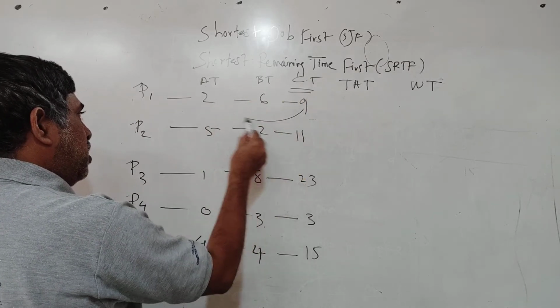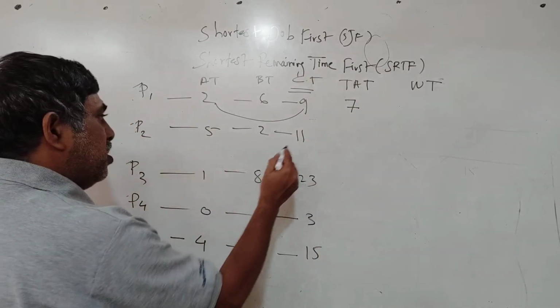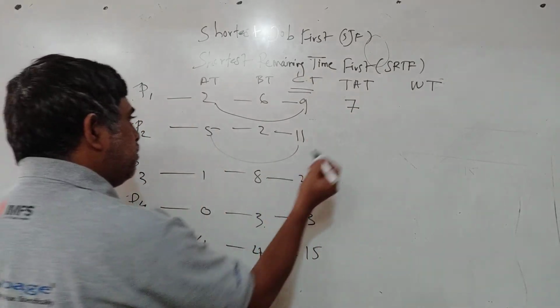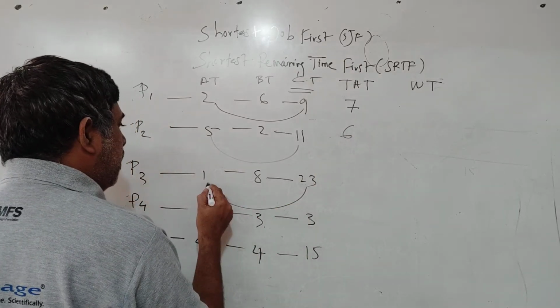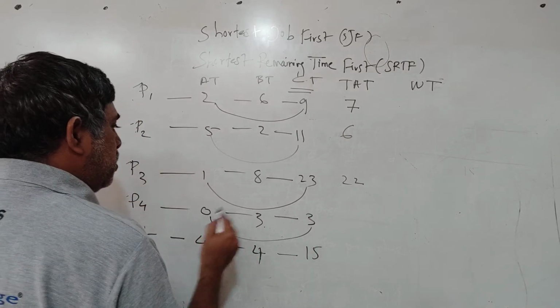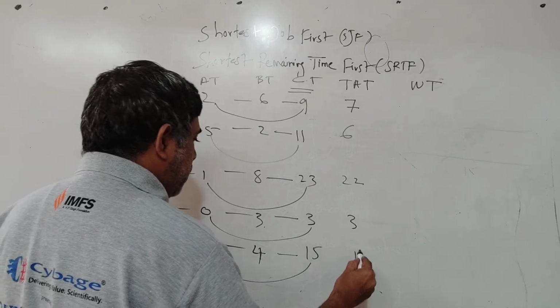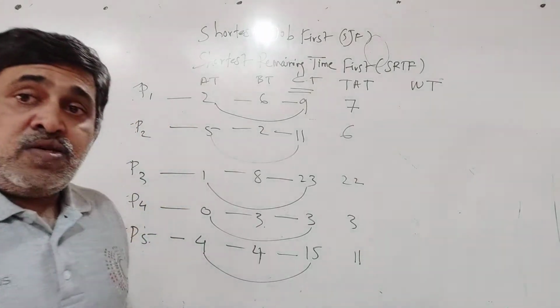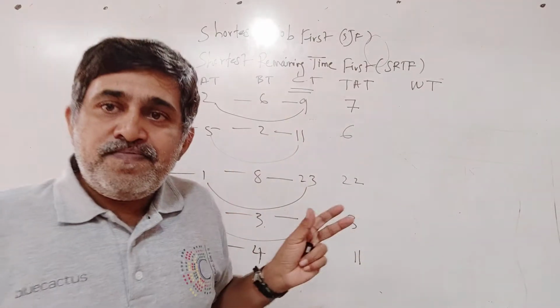So it is 9 minus 2, 7. 11 minus 5, 6. 23 minus 1, 22. 3 minus 0, 3. 15 minus 4, 11. We are done with calculation of turnaround time. It is just that simple.